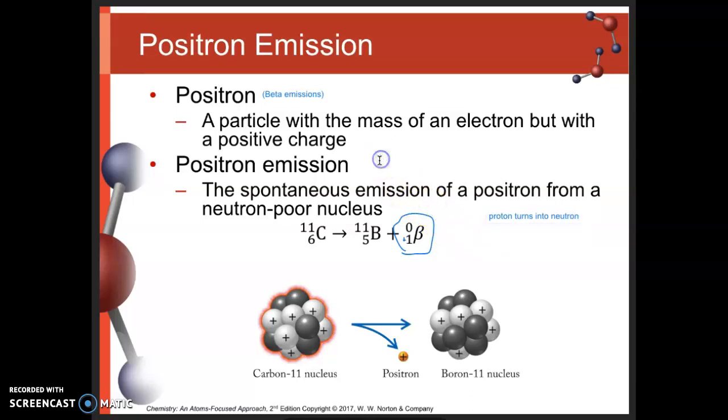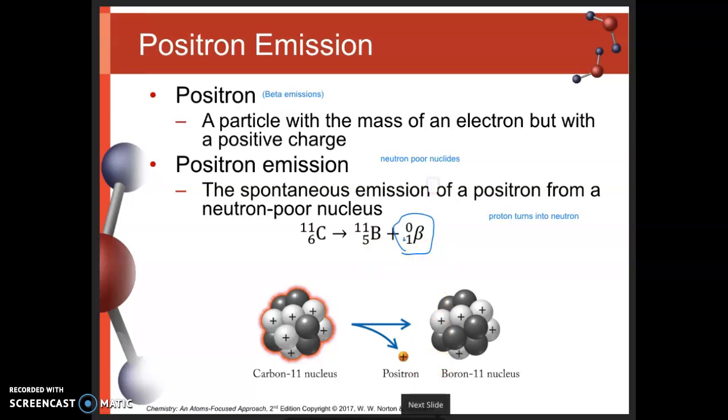And so what we see here is this is where we have neutron poor nuclides. This is how they get into and do what they need to do. But again, we can see the transmutation reaction here shows I had 11 mass numbers before, 11 at the end, 6 atomic number for carbon. The beta particle is one of the 6, which means that there are 5 left over. Atomic number 5 is boron, and that's where our stable nucleus comes in.